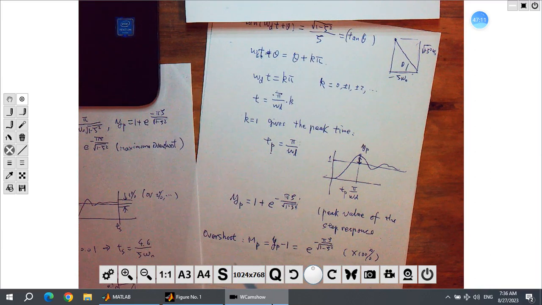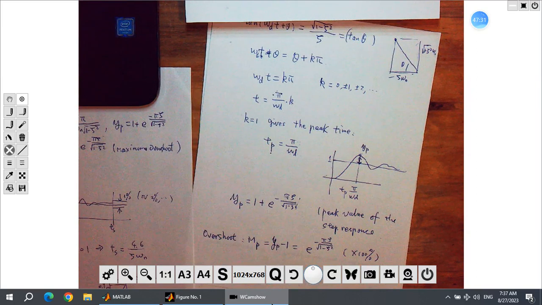Then you want Mp smaller than a certain value, so you know which parameter you can choose. You choose a different parameter, this Mp will be different. You choose the parameter to make the Mp or the settling time satisfy your requirement. So these values are very useful.